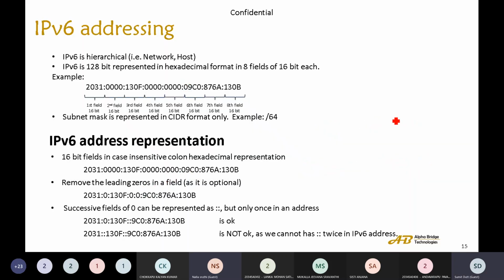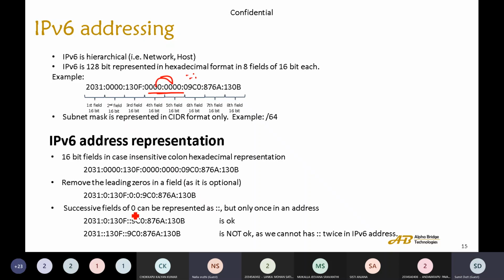Rule number 2. If we have successive fields of 0, we can represent them by a colon. Here you can see 4 zeros are represented by a single 0. So if there is one 0, it means it is 4 zeros. Rule number 2 says that if successive fields are 0, you can represent them with 2 colons.